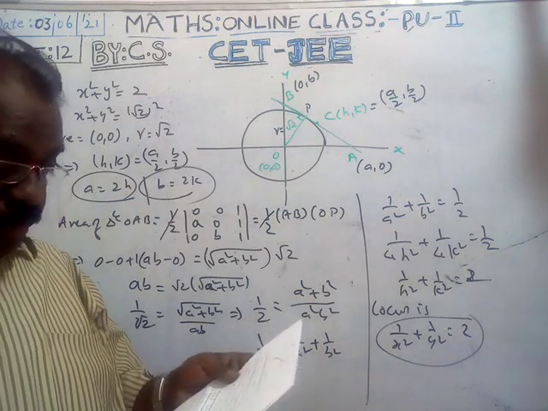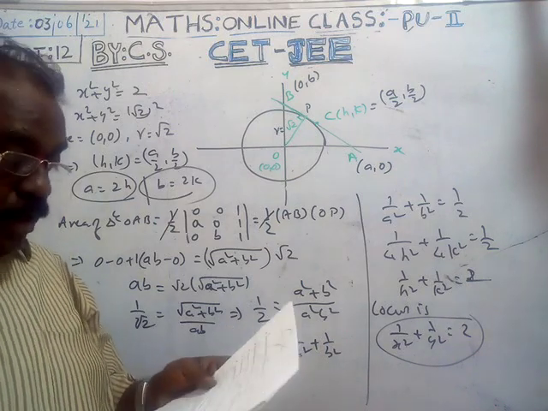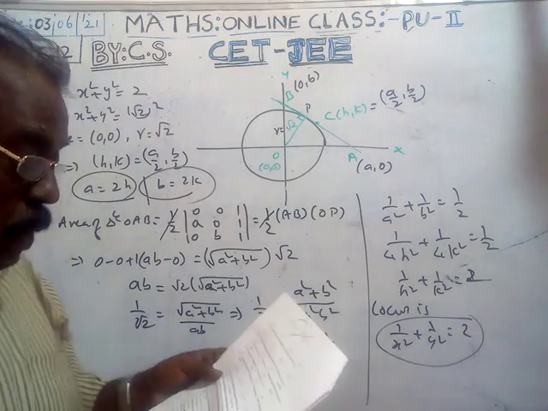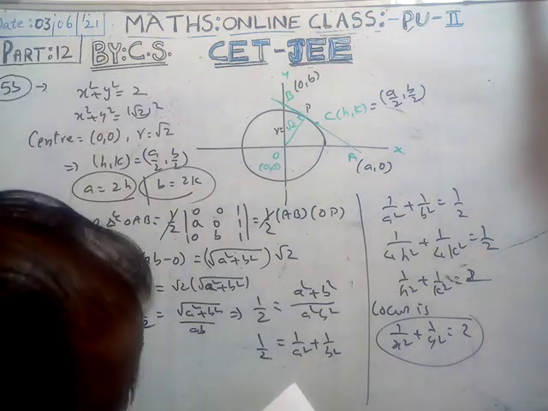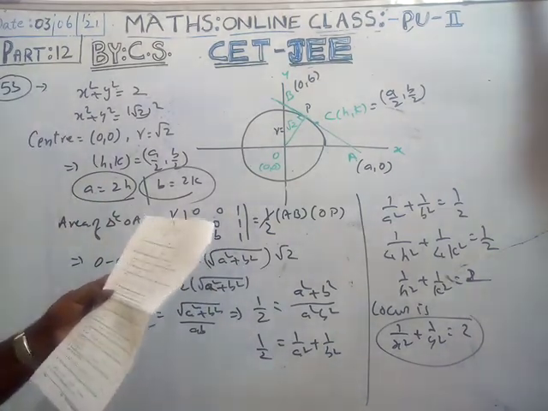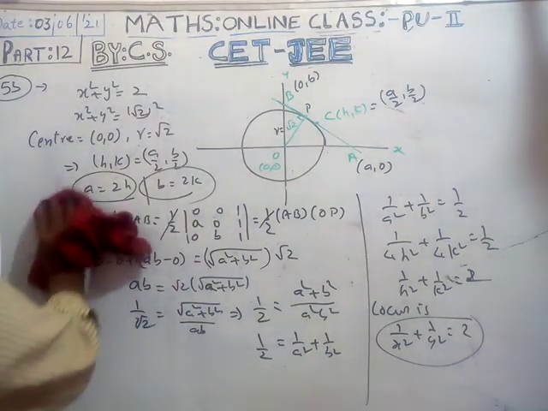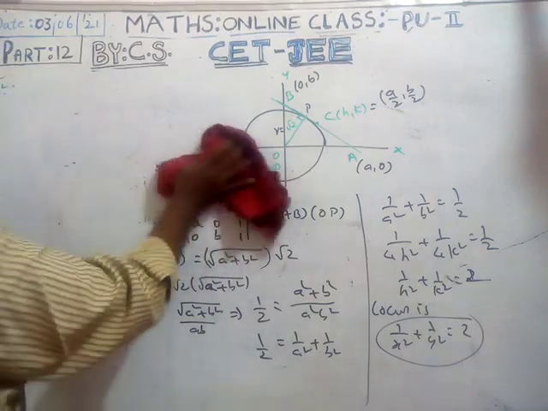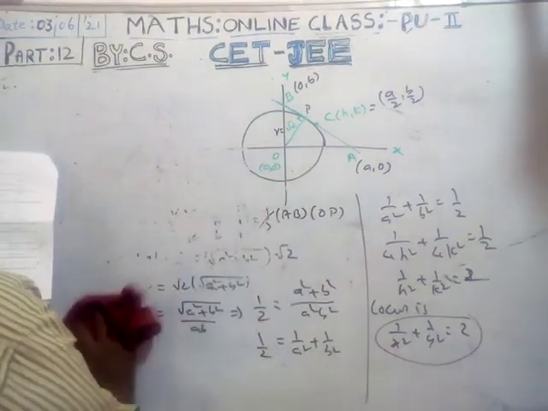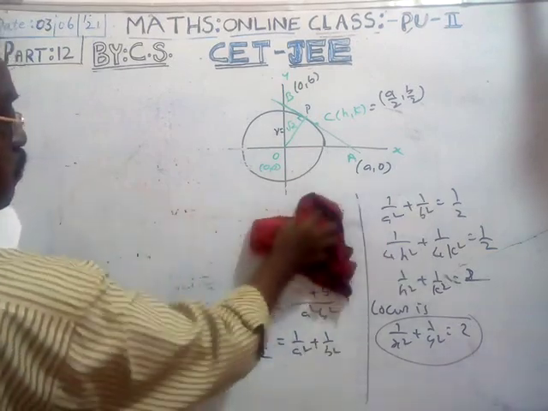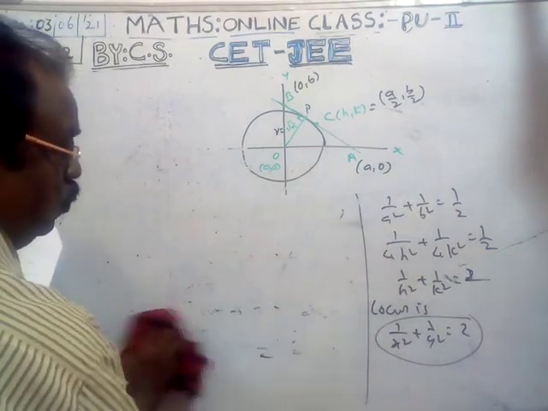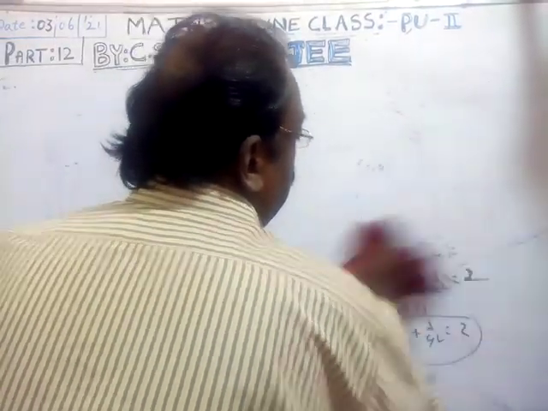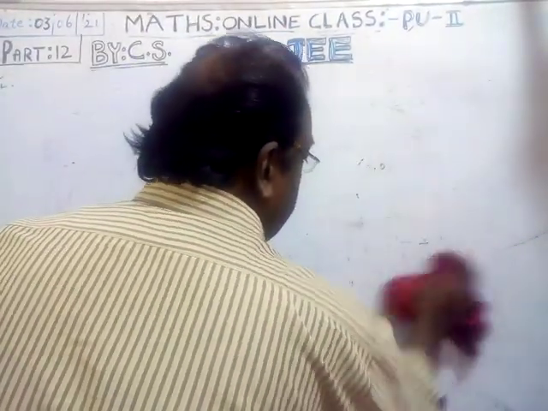The very good concepts. Next, the locus of the point of intersection of perpendicular tangents to the circle x square plus y square is equal to 25.